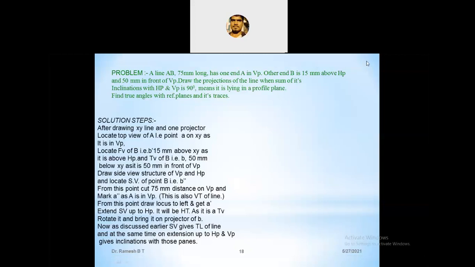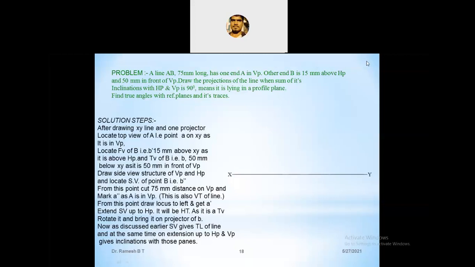Let's take a simple problem. A line AB, 75 mm long, means its true length is 75 mm, and A is in VP, means they have given the position of point A in VP, and end B is 15 mm above HP and 50 mm in front of VP.